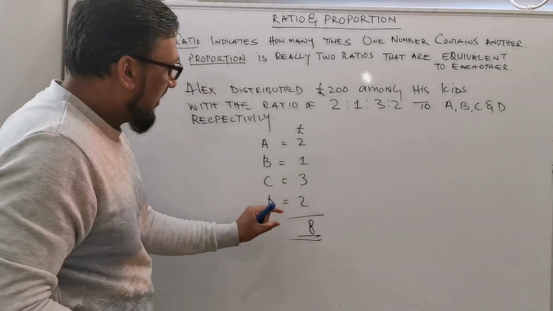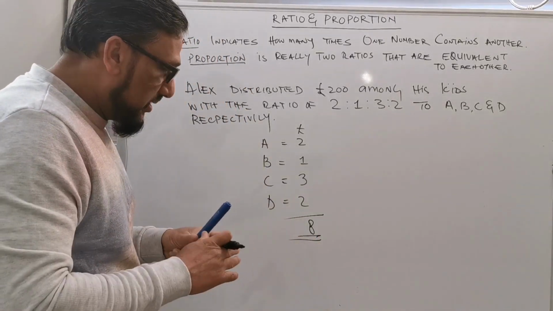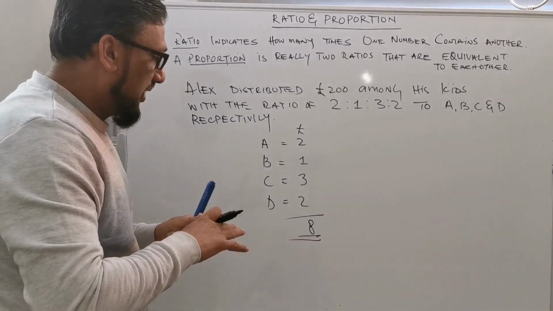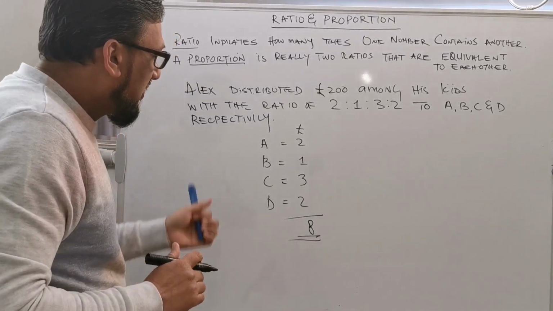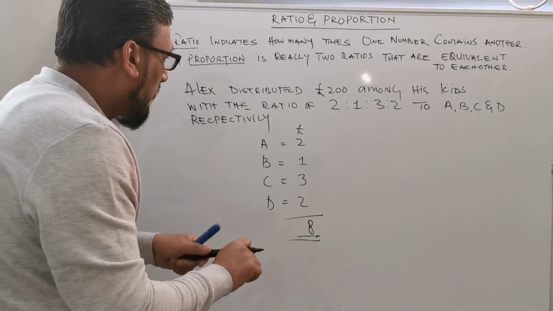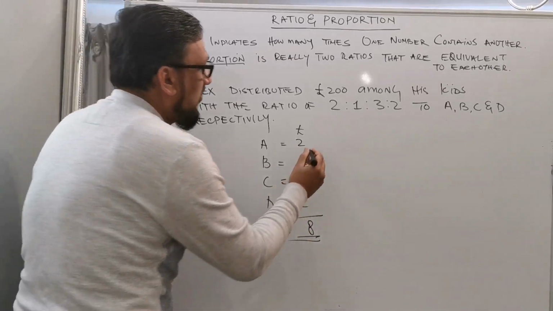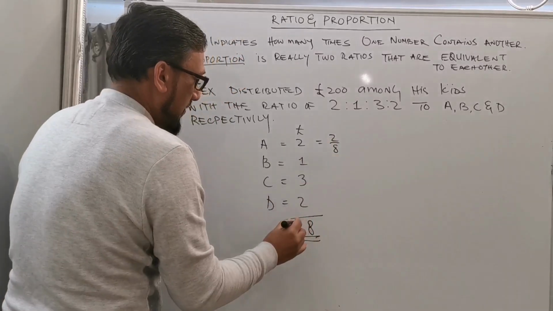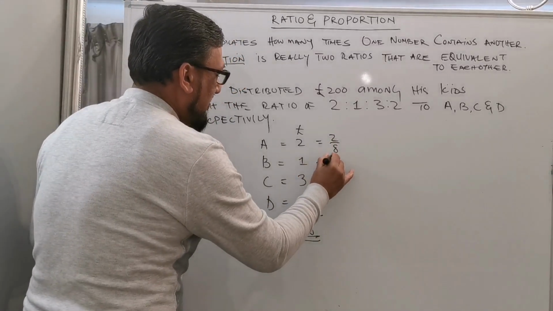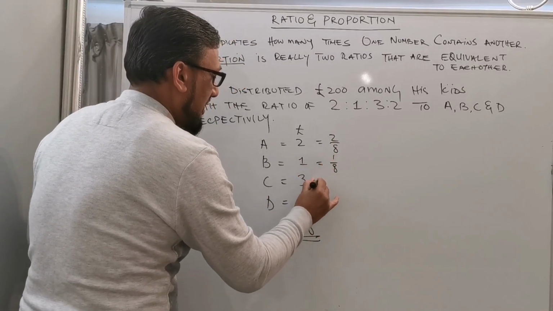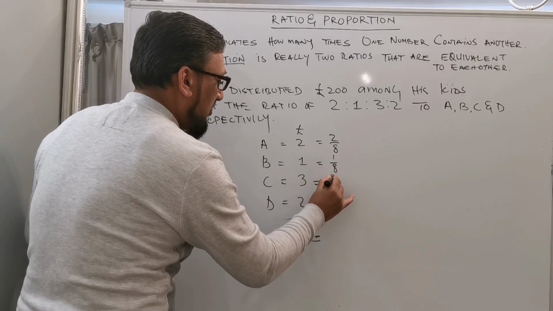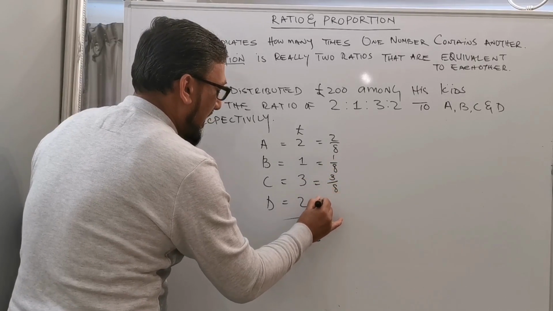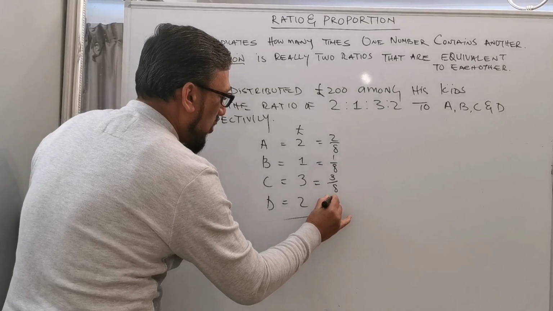Now we can make a relationship. The relationship for A is 2 over 8, B is 1 over 8, C is 3 over 8 and D is 2 over 8.